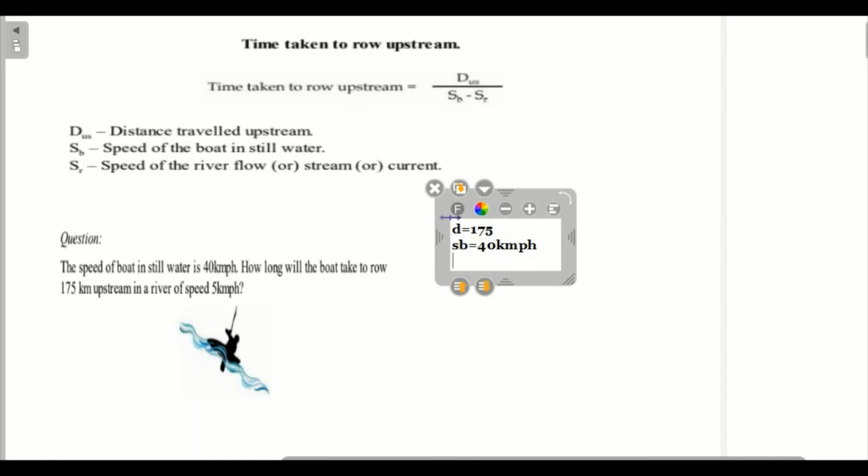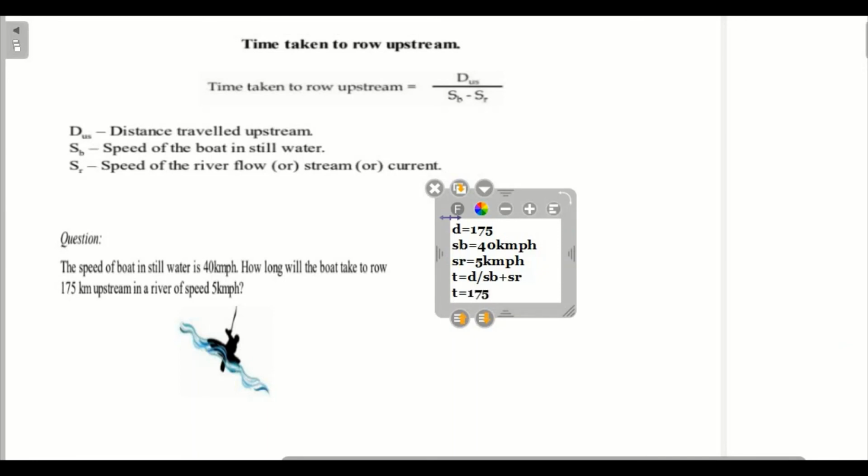Then the speed of the boat in the river is 5 kilometers per hour. So we have to calculate with the formula T is equal to the distance divided by SP plus SR. So T is equal to, what is the distance?